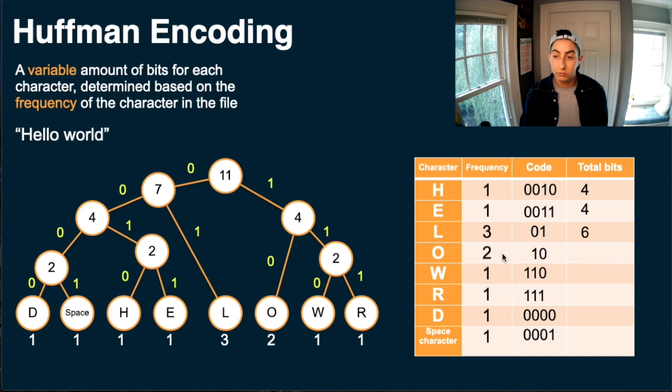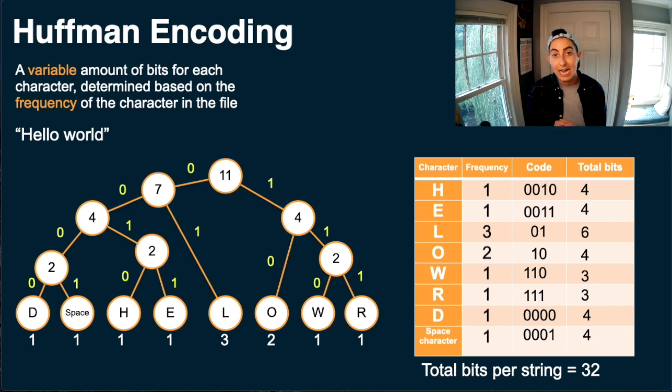O is 2 times 2, which is 4, etc. Finally, you add them all together, and we get a total number of bits for this string of 32, compared to the 88 bits that would have been required to encode this with ASCII. This is something I found really interesting, and it's one of the ways Dropbox has drastically cut down on how much time and how much data they're transferring over the wire between users' machines and remote servers.